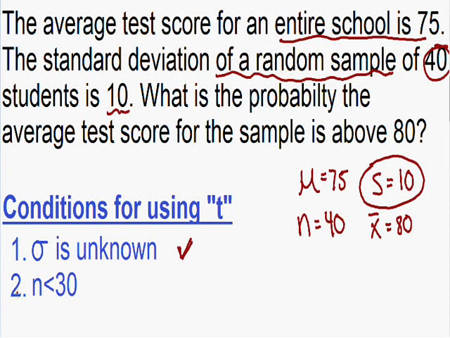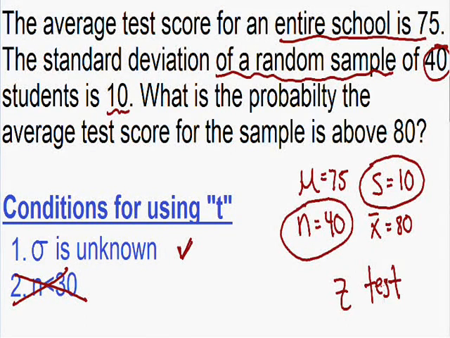Now let's look at our second condition. The sample size for using a t-test must be less than 30. And take a look at our sample. Notice how our sample size is above 30. It's equal to 40. So our condition number 2 was not met for using a t-test. So once again, we would still use a z-test.